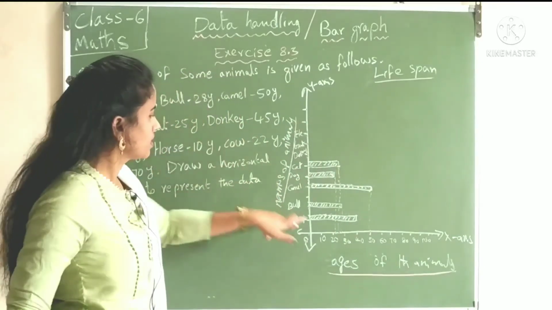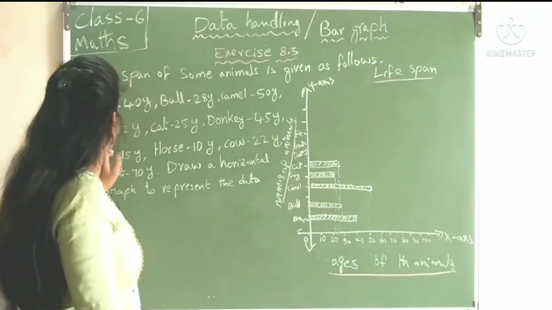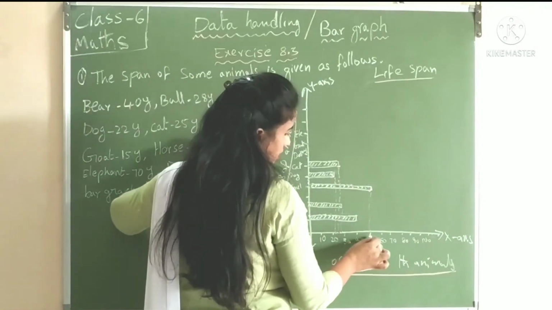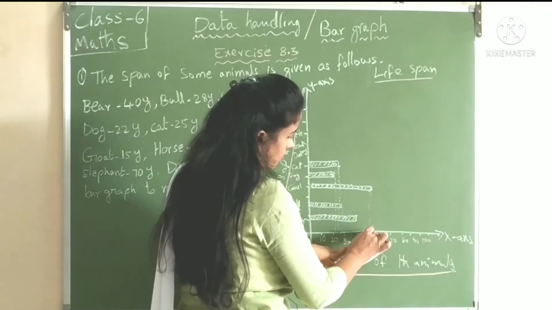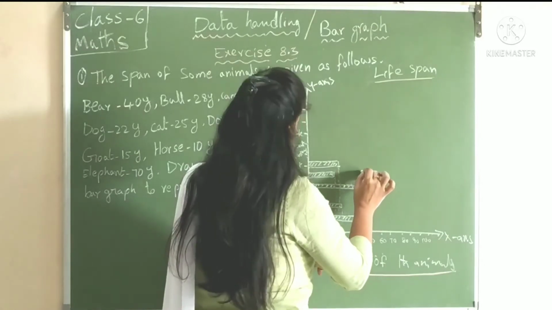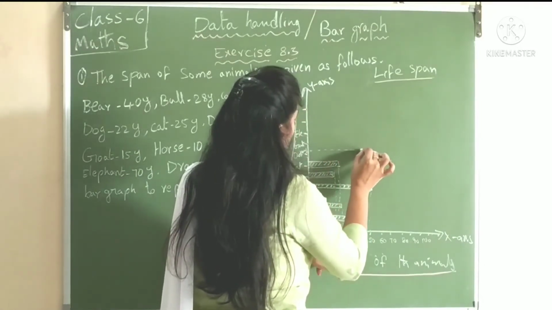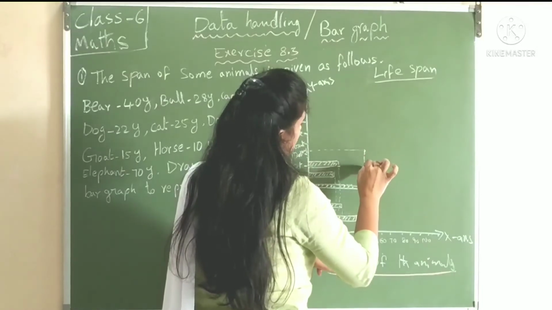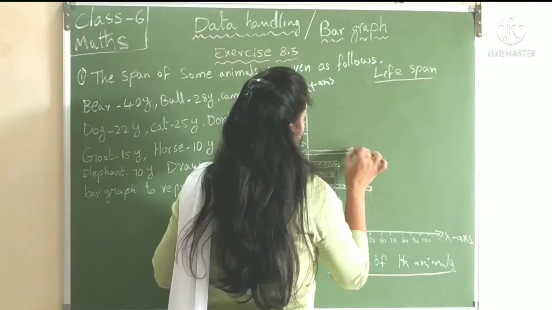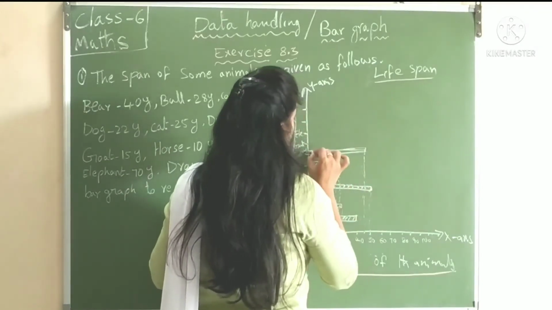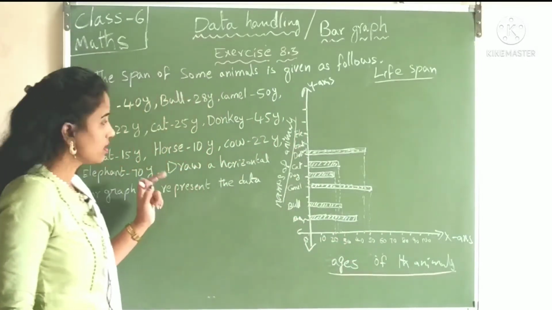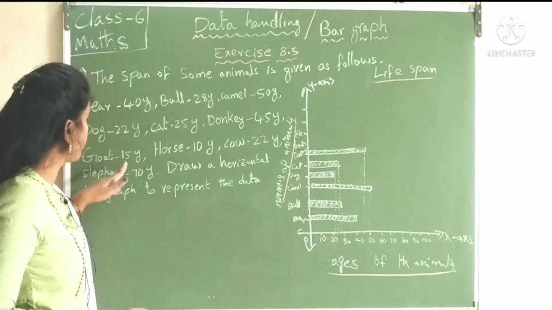Cat has 25 years. And again donkey. Donkey has 45 years. Where is 45? Between 40 and 50 there is 45, right here. And goat has 15 years.